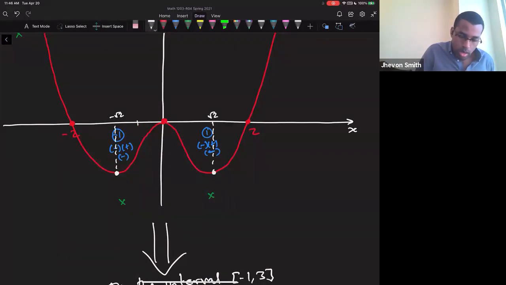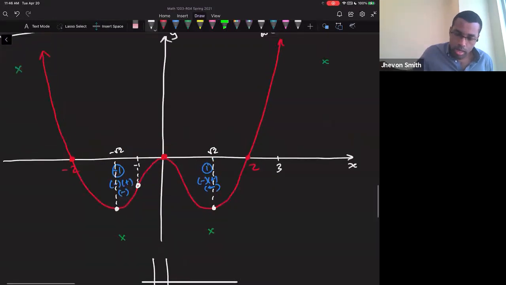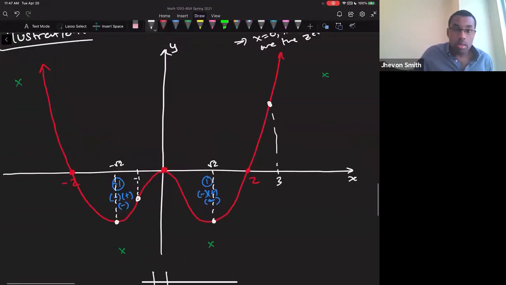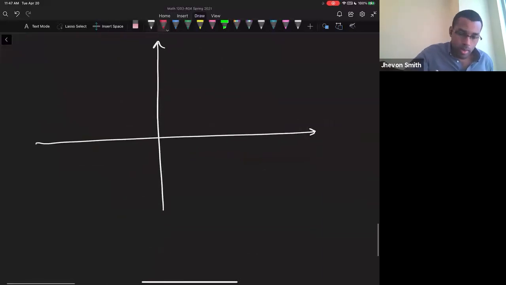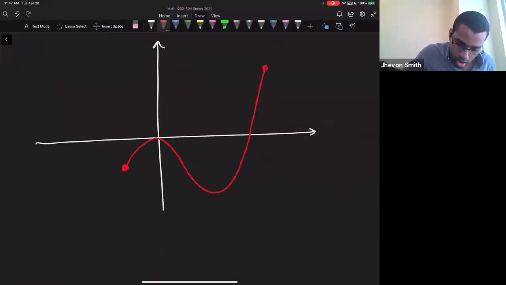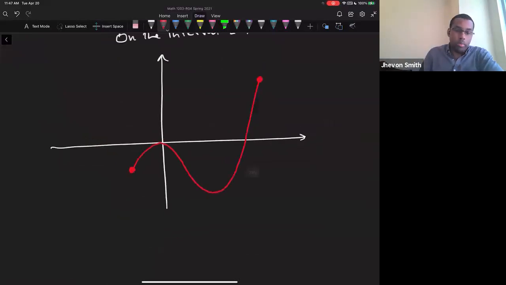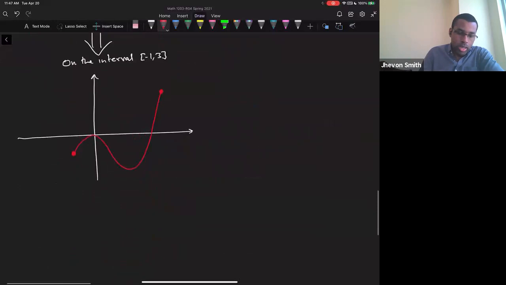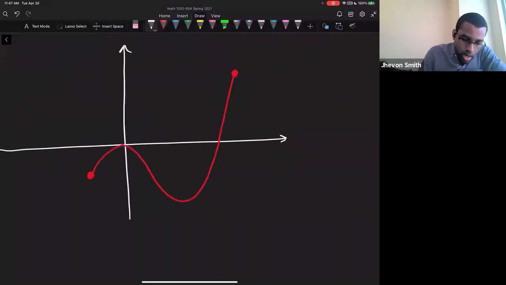Minus 1 is going to be somewhere like here, and 3 is going to be somewhere up here. So what we have is a graph that looks like this, because I only care about those points. It's just a piece of the W, between minus 1 and 3, and there's rad 2 right here.